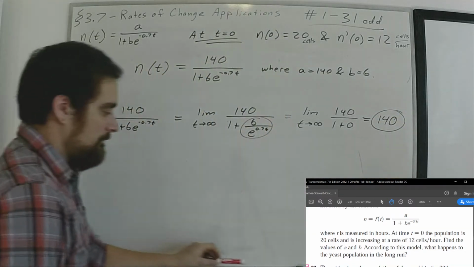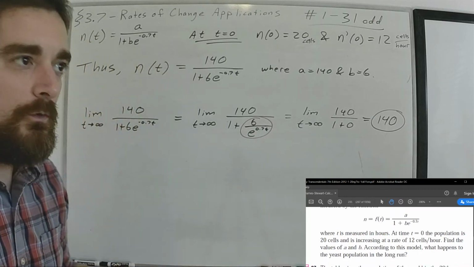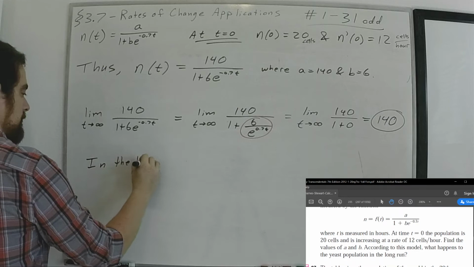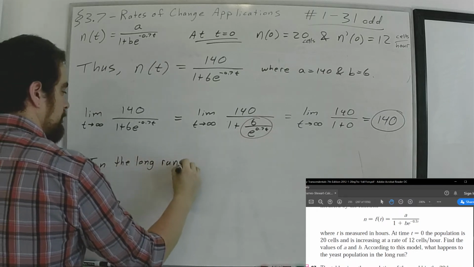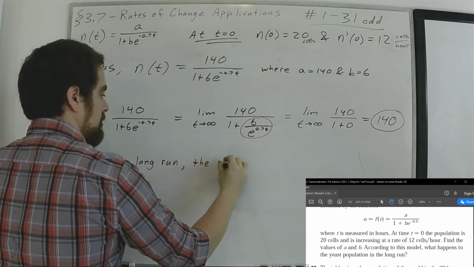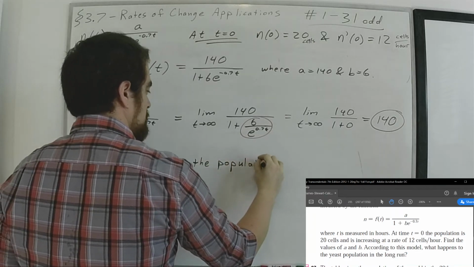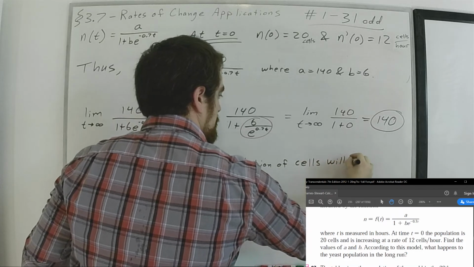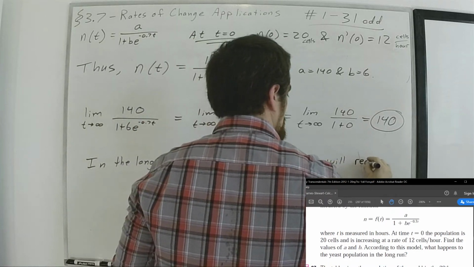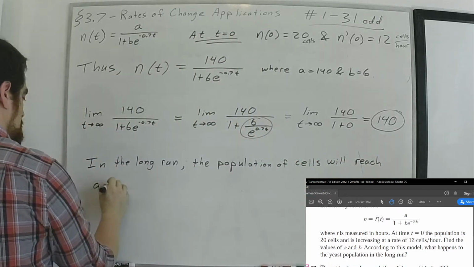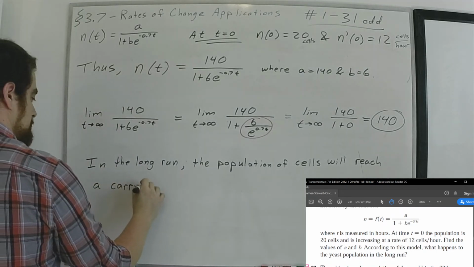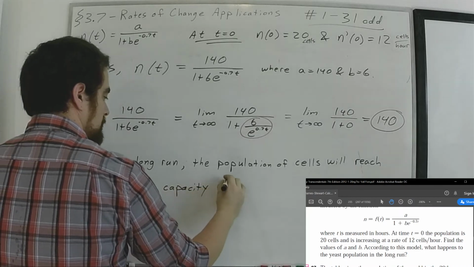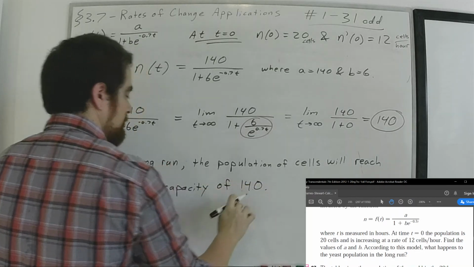So basically they want you to just say, in the long run, what happens? Interpret it. Well, in the long run, the population of cells will reach a carrying capacity of 140.